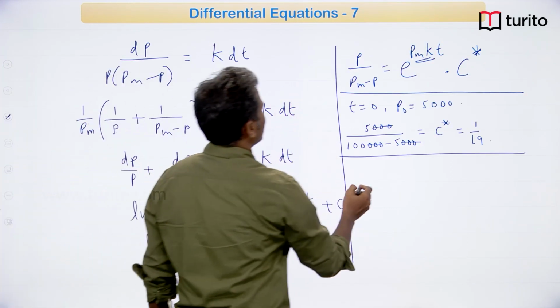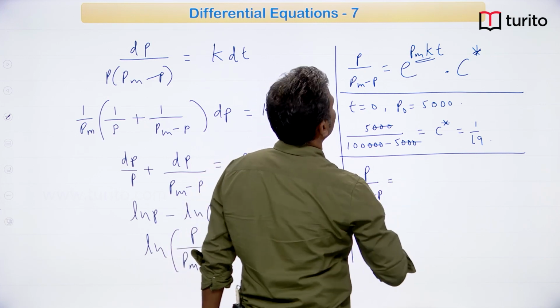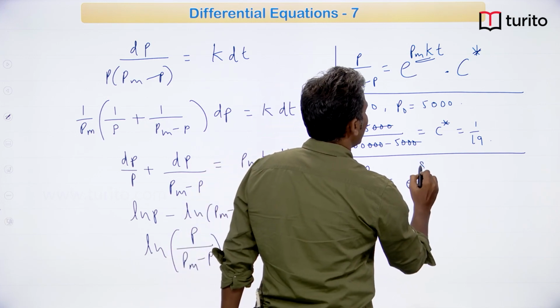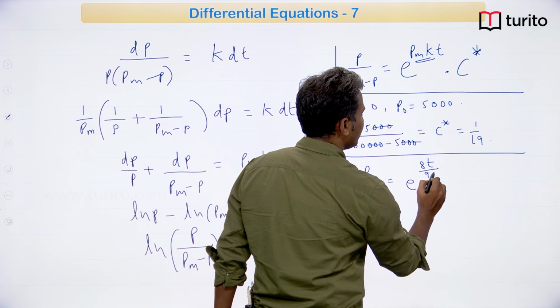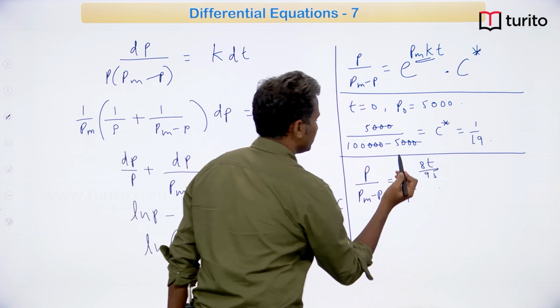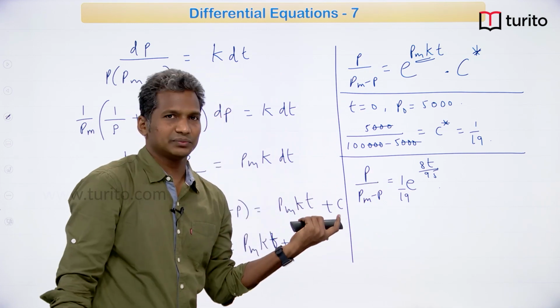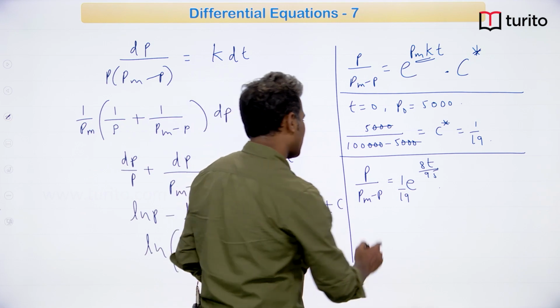So we can write this function as P by Pm minus P is equal to e raised to 8t by 95 into constant C star, which is 1 by 19. Okay. Or we can also further simplify this and write it. Okay. So it does not matter. So let me just write it here.